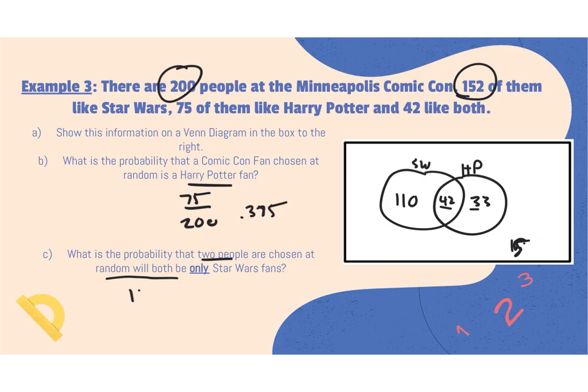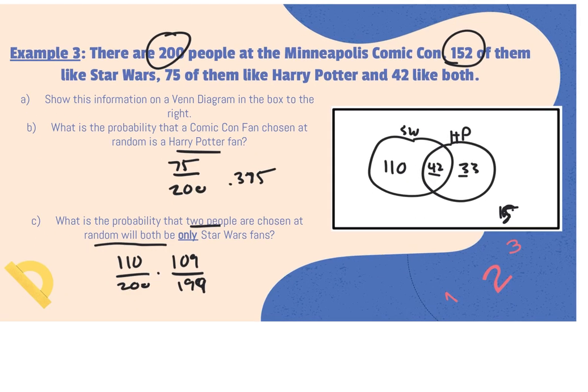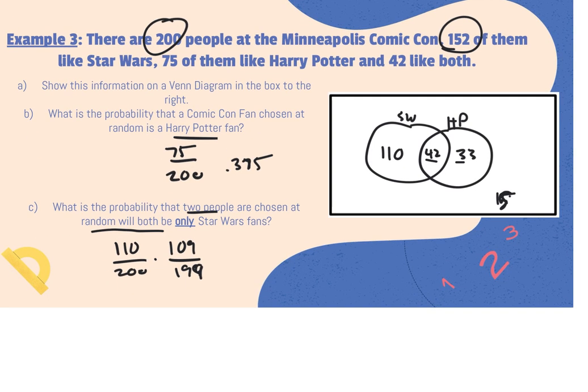If it's only Star Wars, I've got 110 out of 200, and then 109 people left out of 199. I'm going to have a weird looking big number: 11,990 on top, 39,800 on bottom. That's going to be 0.301, or about 30% of that situation.